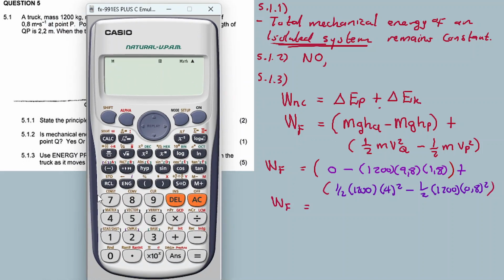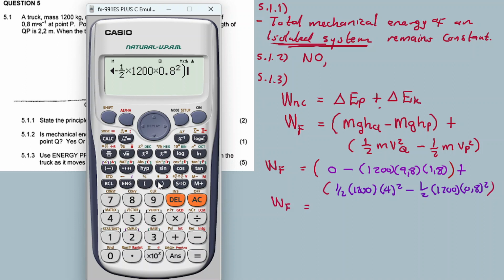Okay. So it's 0. So we get minus 1200 times 9.8 times 1.8 plus, in brackets, a half multiplied by 1200 multiplied by 4 squared, minus a half times 1200 times 0.8 squared.